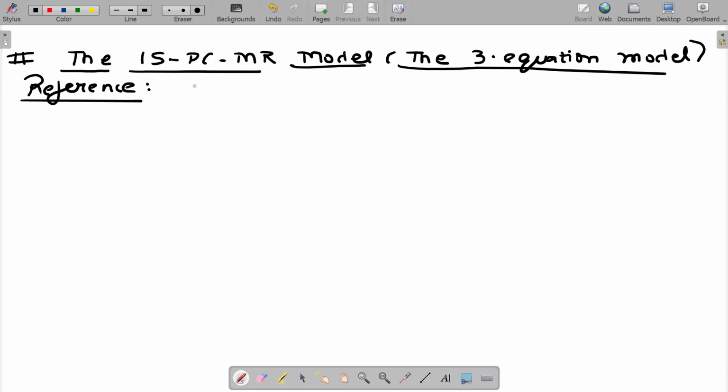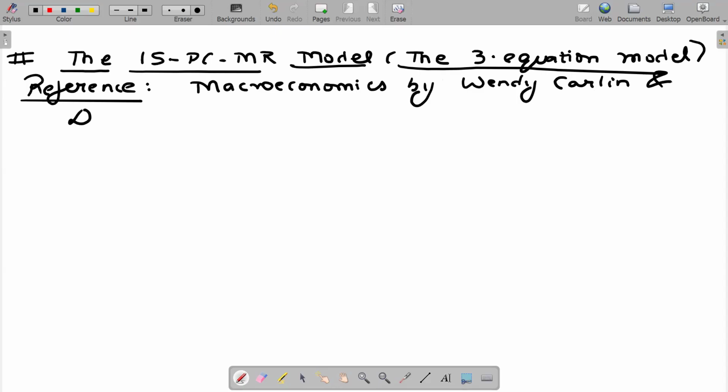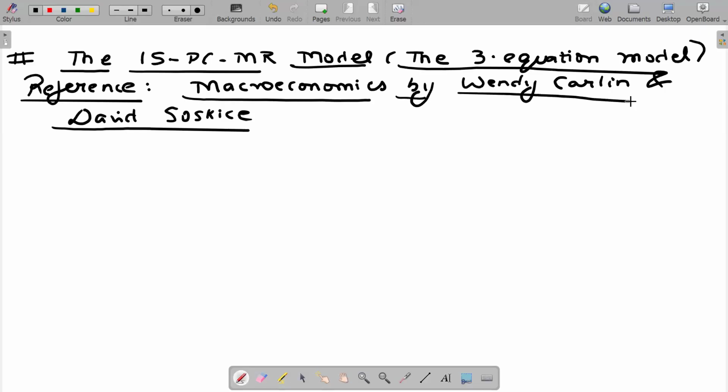This is Macroeconomics by Wendy Carlin and David Soskice. This is one of the standard books we follow at the intermediate level macroeconomics course.